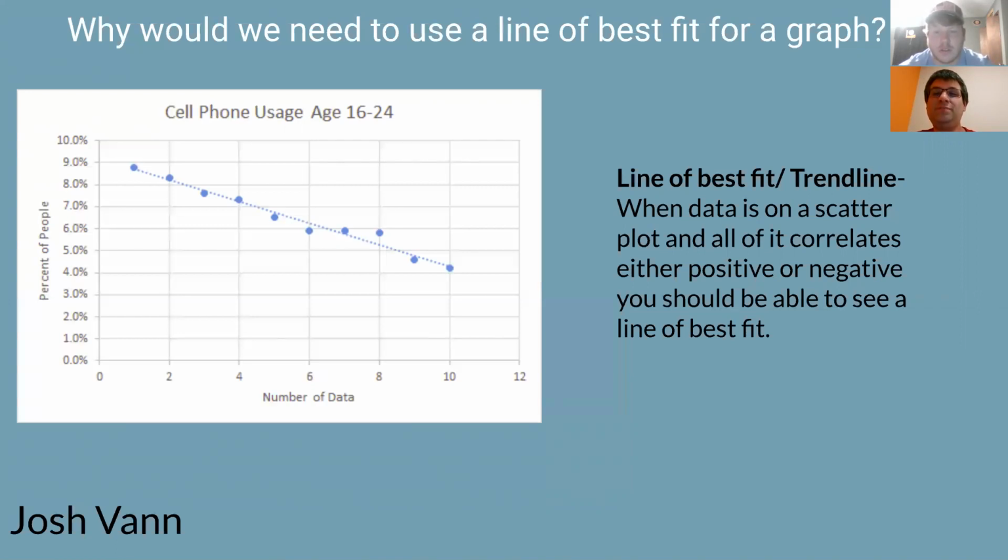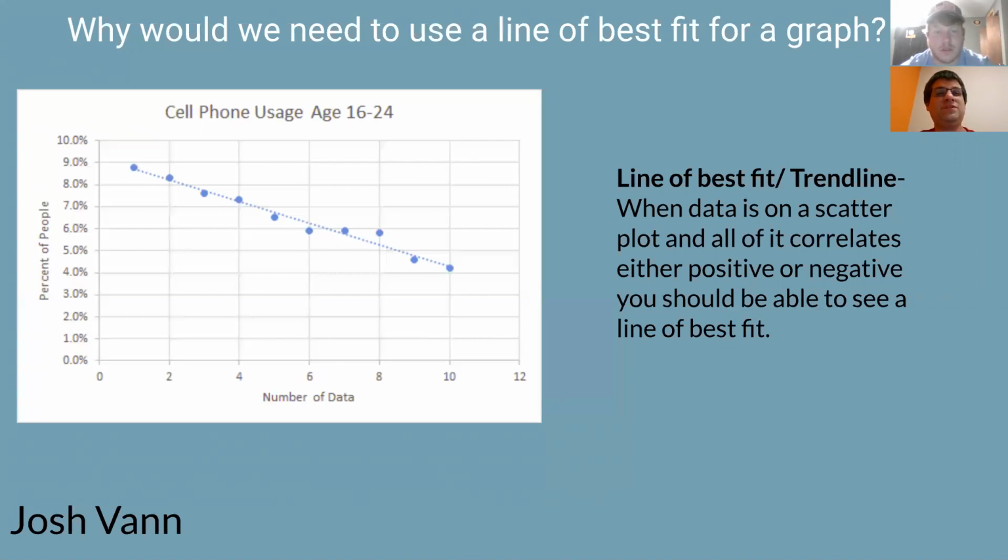You should be able to see a line of best fit. This graph looks like a negative correlation because all of the information is dropping. It's not rising up, so it's not a positive.